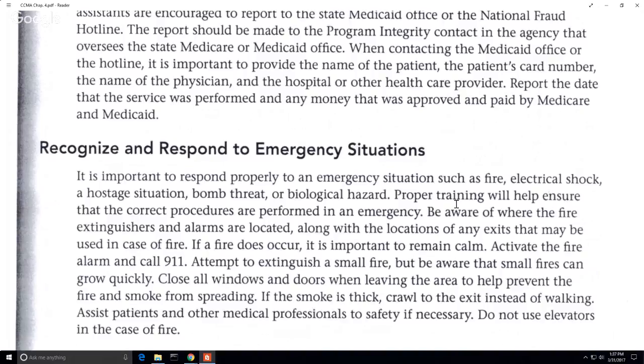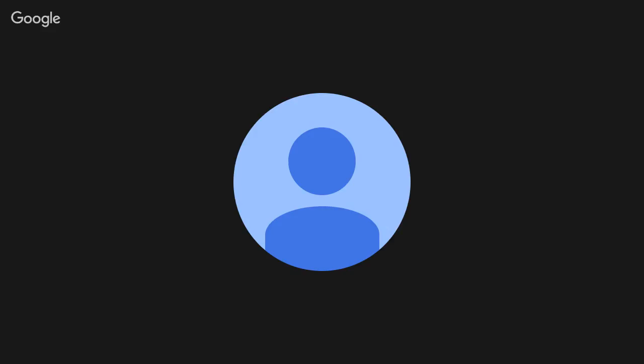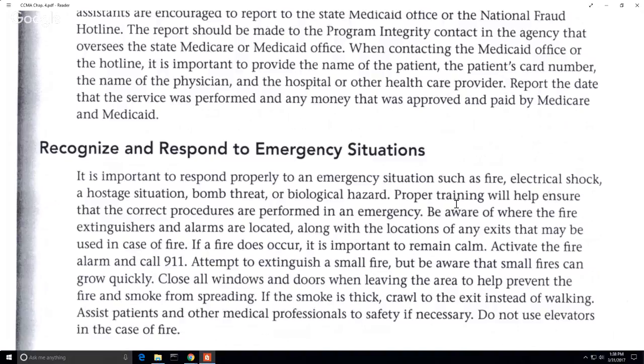The proper training will help ensure that the correct procedures are performed in an emergency. Be aware of where the fire extinguishers and alarms are located, along with the location of any exits that may be used in case of fire.